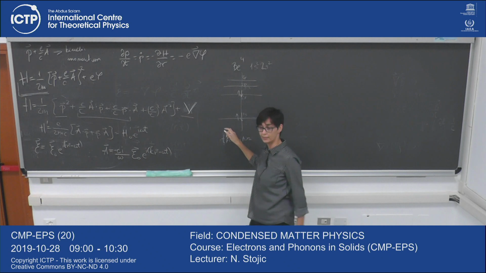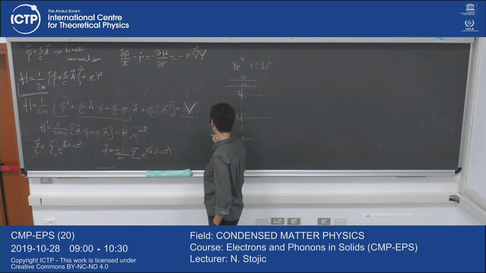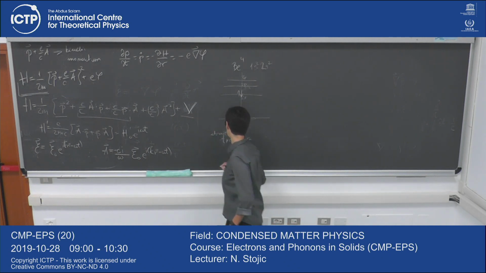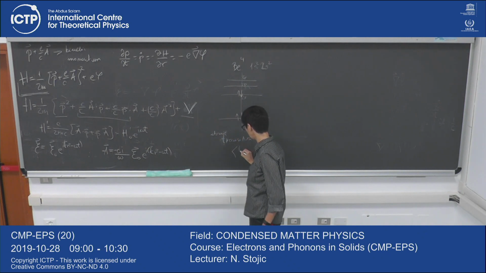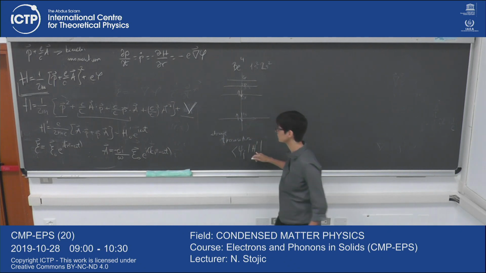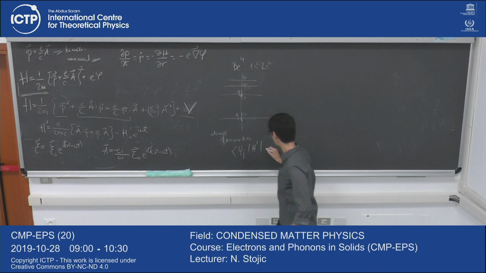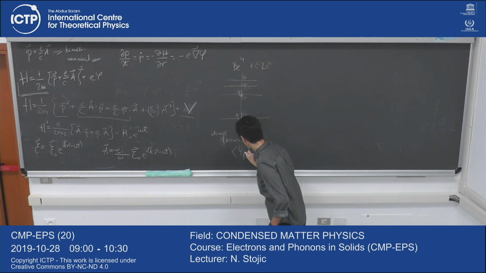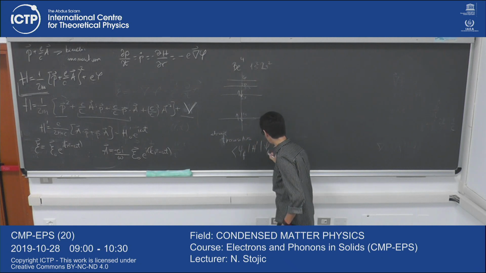This is now the atomic case. Atomic transition that you can define as the initial state times the perturbation, which is this part, times the final state. This is a more common way of writing.